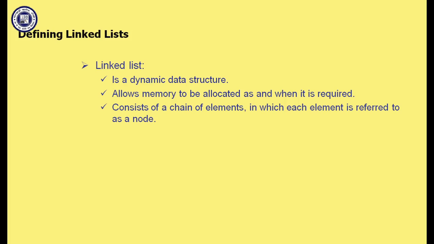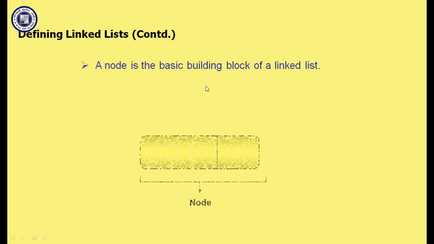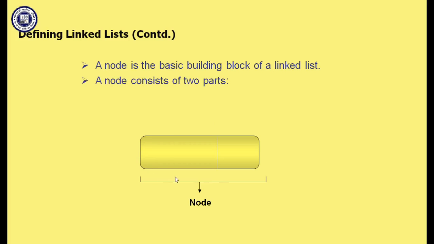Now what is a node? Let us have a look. A node is a building block of a linked list having the following structure. Here a node basically has two compartments.